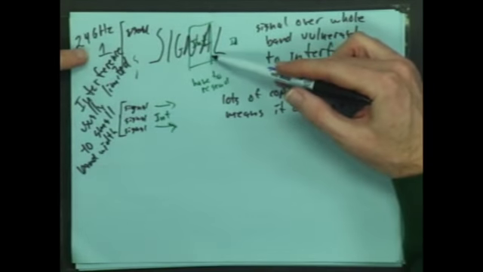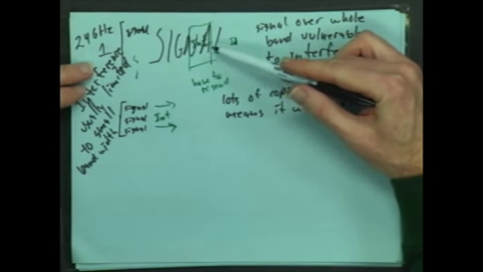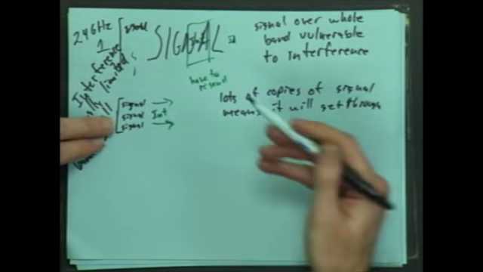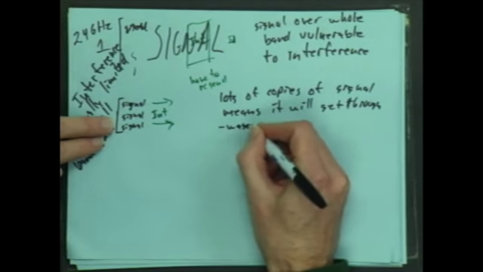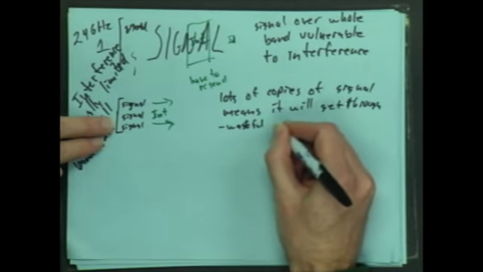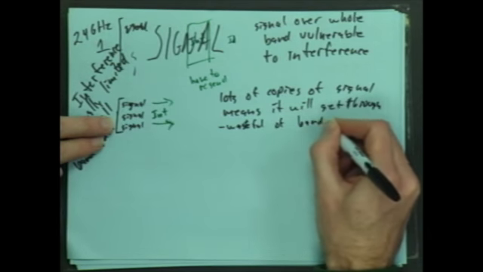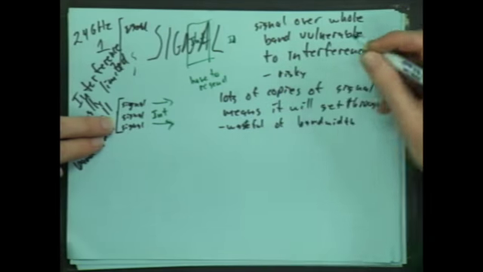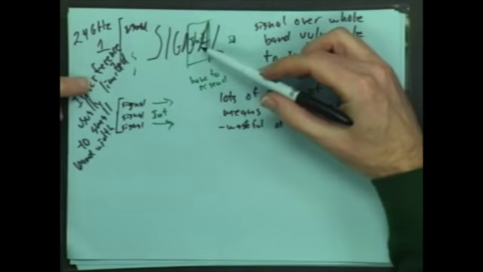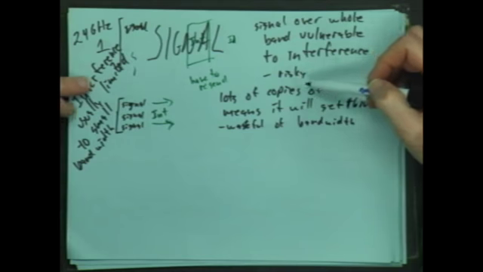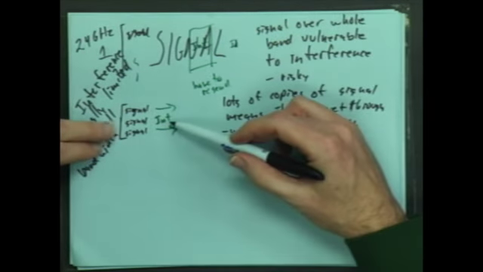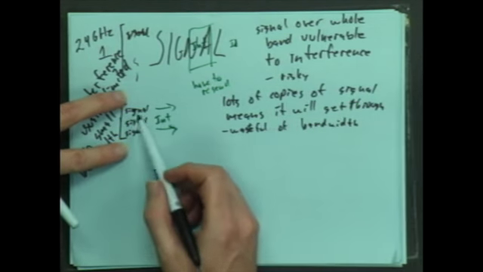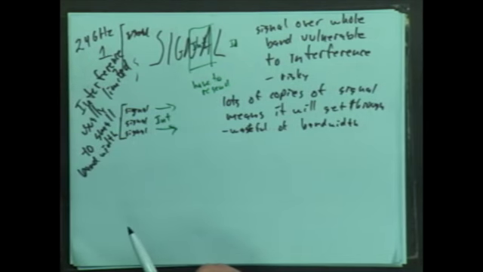If we do the signal over the whole thing, yes, we can use the whole bandwidth, or we can make lots of copies. This is going to be wasteful of the bandwidth. So this method is risky. If there's any interference at all, we're out. In this method, if there's interference, we're likely to get through anyway, but we're wasting our bandwidth because we have all these duplicate signals along the way.